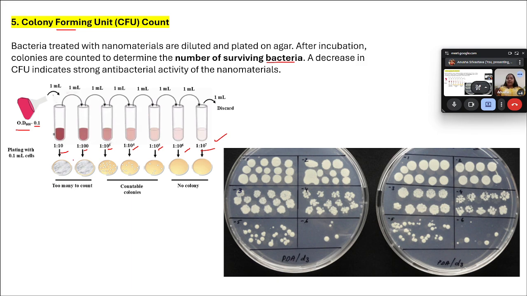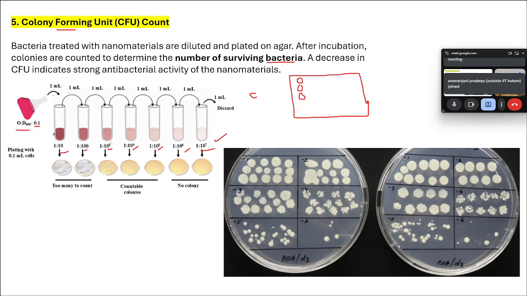How I particularly do this experiment is I simply take a 96 well plate, and there will be different wells. Suppose I'm only considering three wells because here it's showing three different concentrations.